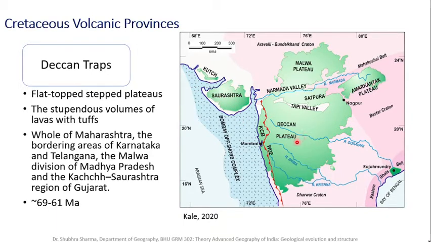They are formed by the solidification of huge volumes of lavas and tuffs, and are dated youngest in the series of volcanic rocks, about 69 to 61 million years ago. Because they represent large flood basalts, or flood-like events of lava, we would expect flat-topped topography, so they are largely plateaus.